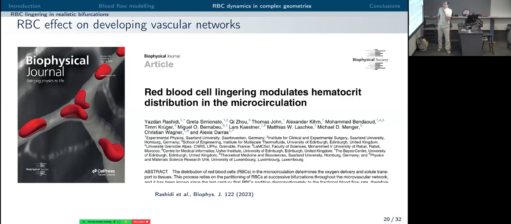Also a very nice collaboration with Christian Wagner's group in Germany, who did the experiments. The experiments were in place before, and then we had discussions about the results, and we said, oh, we can actually run accompanying simulations. And we found that based on these simulations, we got a complementary view of what is happening, and it led to this very nice paper.